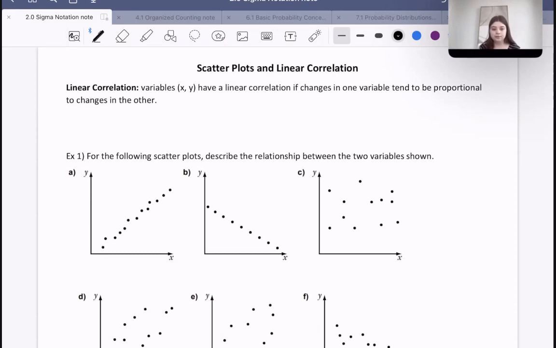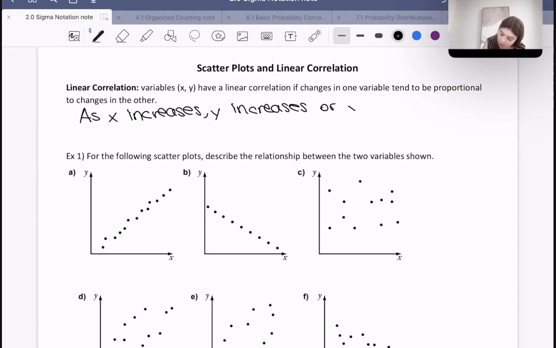And I want to make a point here about linear correlation. It means that if something is linear, then as x increases, y also increases, or y decreases, right?